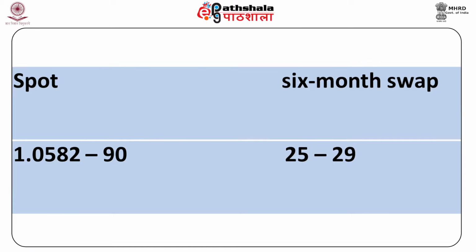For example, the 180-day forward Canadian per US dollar would be quoted as spot 1.0582 to 90 and 6-month swap is 25 to 29.